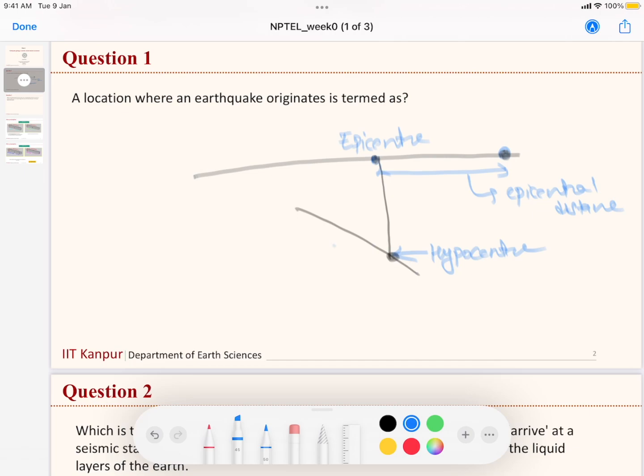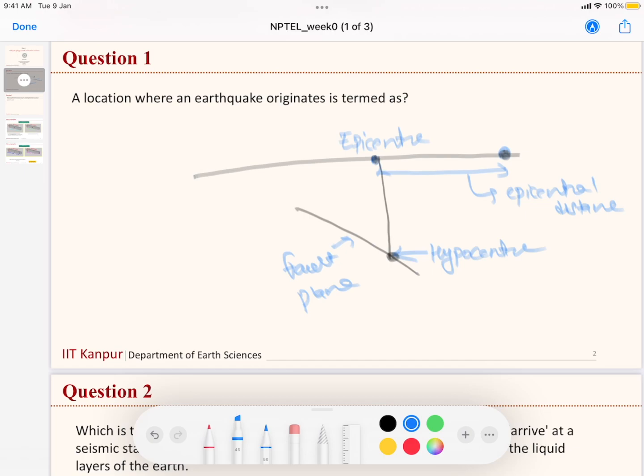And as I mentioned earlier, this is our fault plane at which the earthquake initiated, or where the energy got released. I think this picture will help you to answer this question correctly.